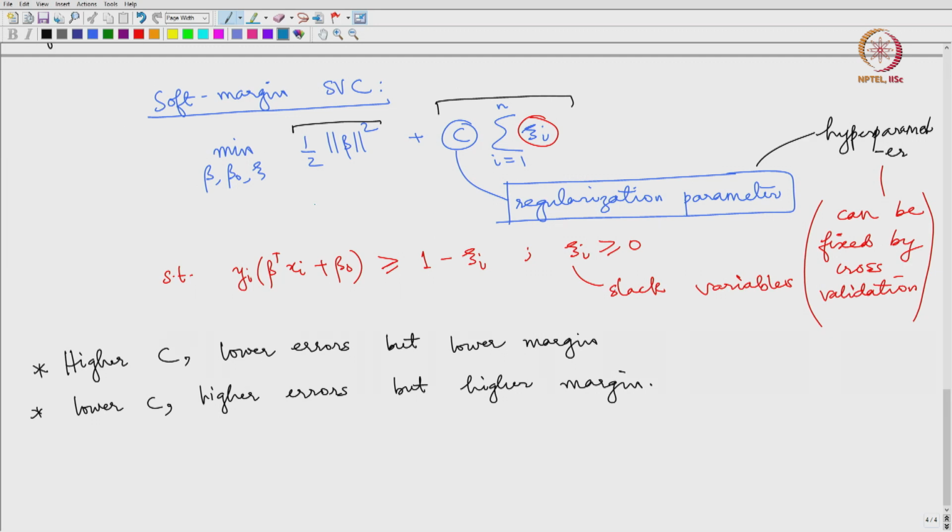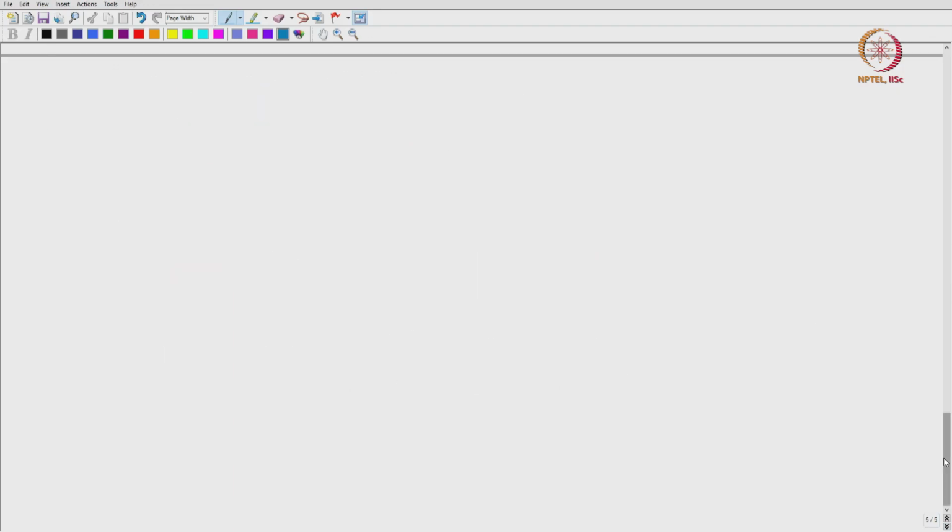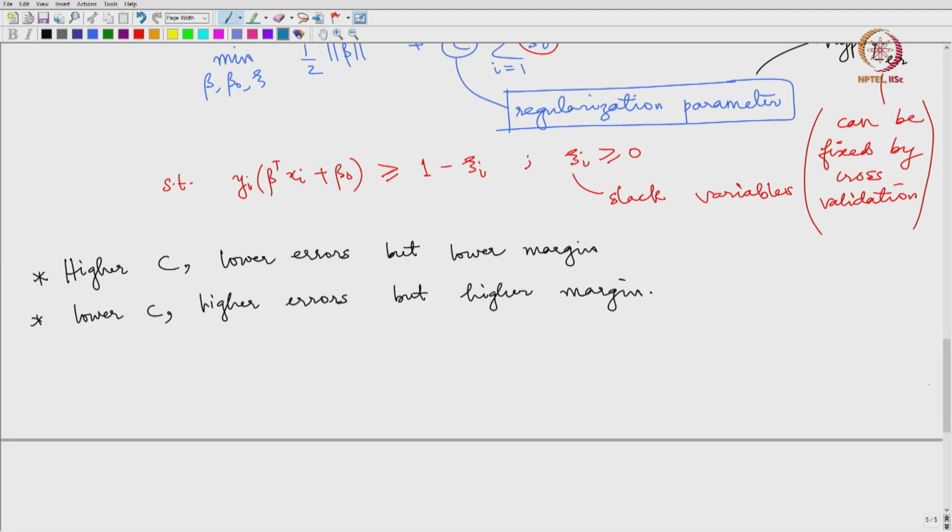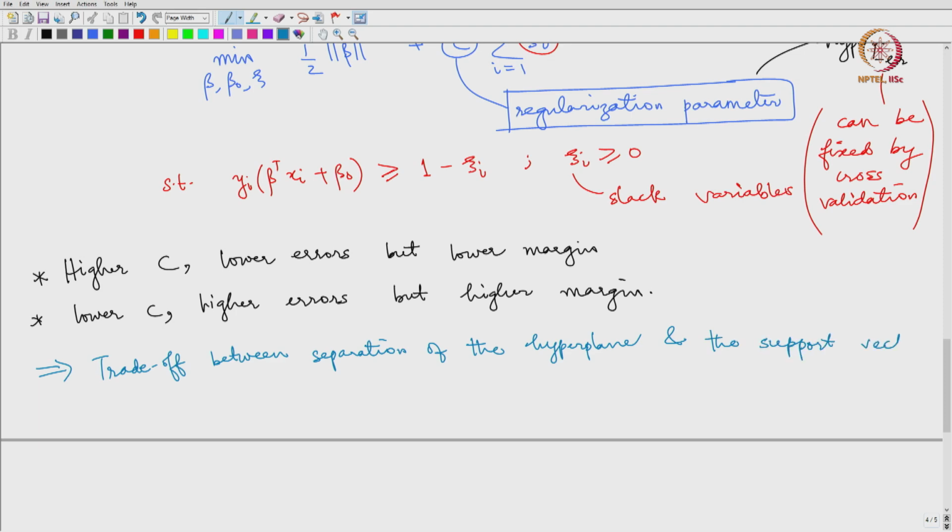core engineering application. Okay. So, essentially if you want to write this down more conceptually, the introduction of the slack variables allows you a trade off between the separation of the hyperplane and the support vectors, and the error made by the classifier.